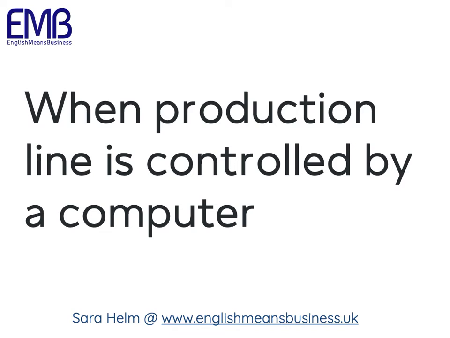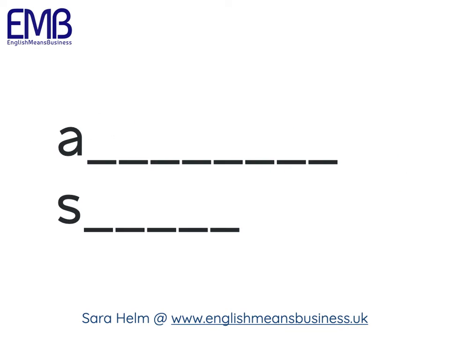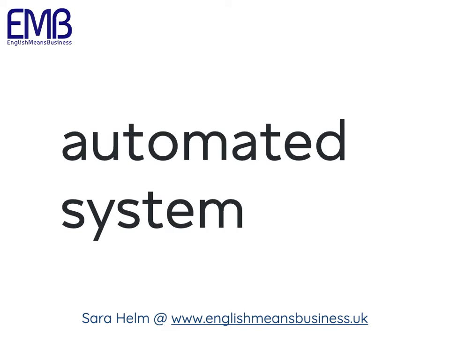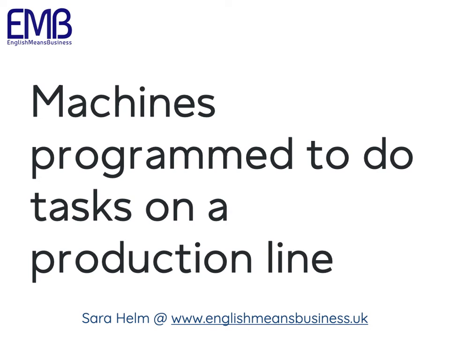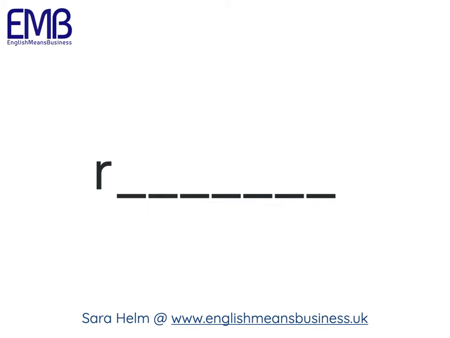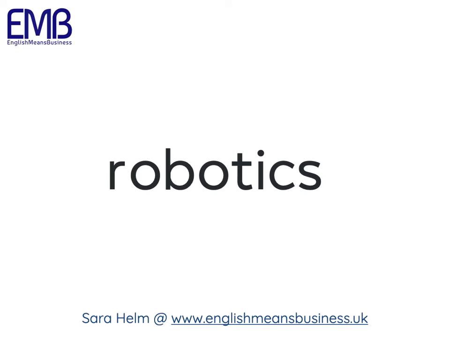When production is controlled by a computer, this is known as an automated system. The area of machines being programmed to do tasks on a production line is called robotics.